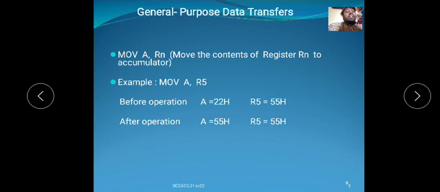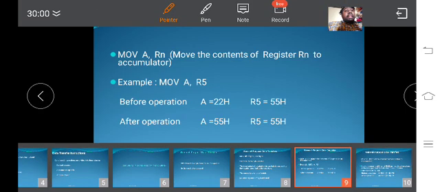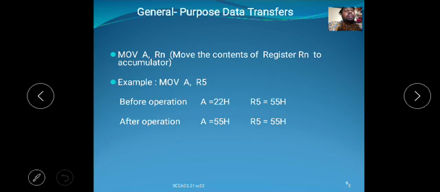After the operation of MOV A, R5, A is equal to 55H and R5 is also 55H. The data is moved from R5 to A.